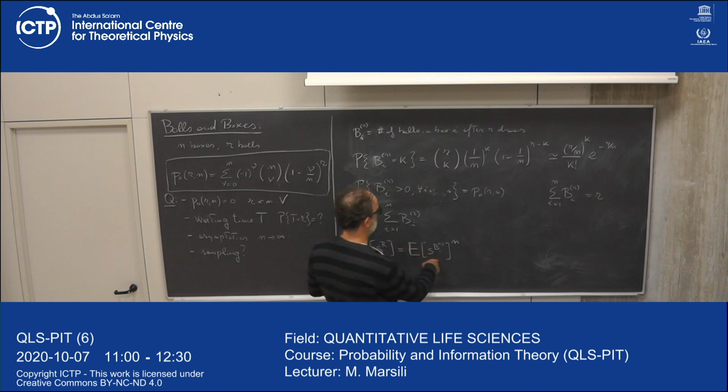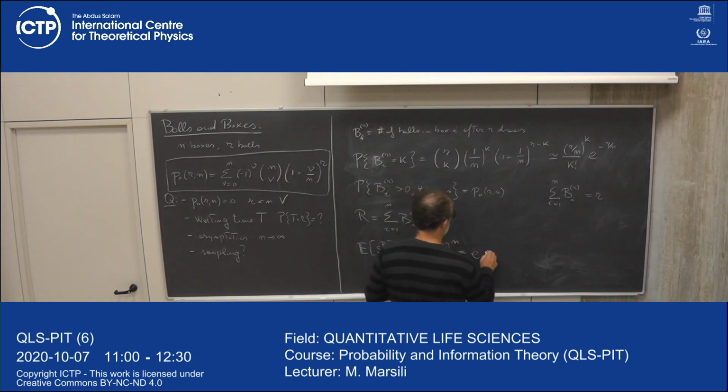And because this is the generating function of a Poisson random variable in this approximation, this is just e to the minus (1 minus s) times lambda, which is R divided by n.